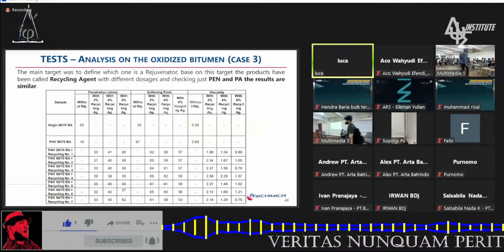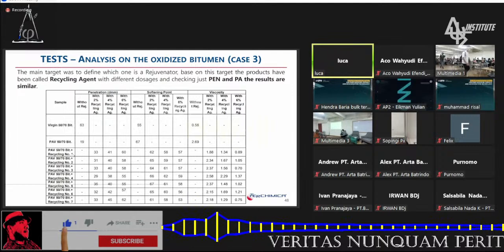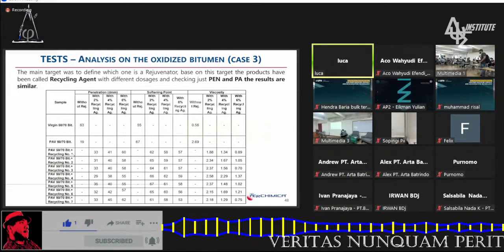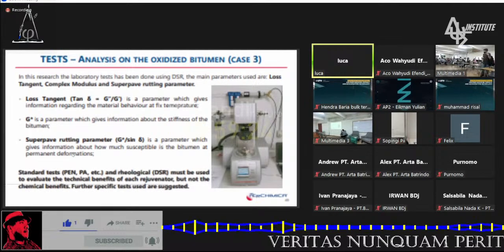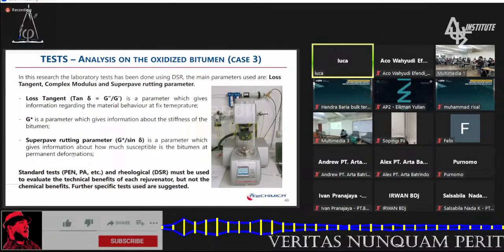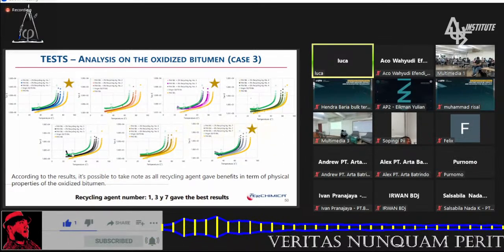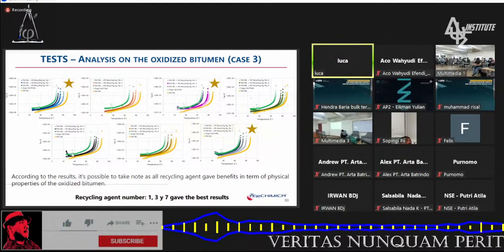So this is the experimental plan. We started by saying, okay, we are talking about a recycling agent, so we gave all our material to the university. They carried out different tests, and these are the parameters they checked with the DSR: loss tangent, G-star, and rutting parameter. Then they looked at the behavior with different dosages of 2, 4, and 6%.